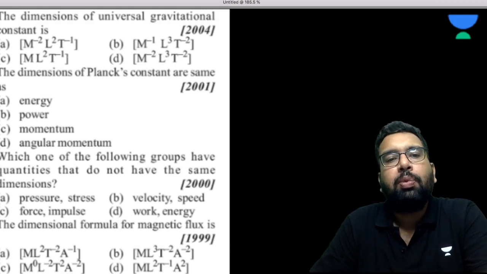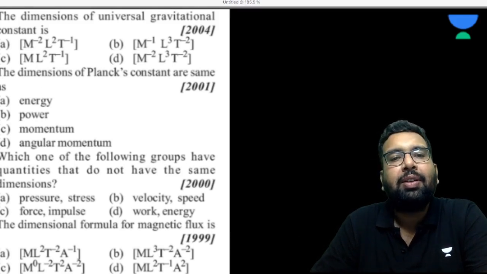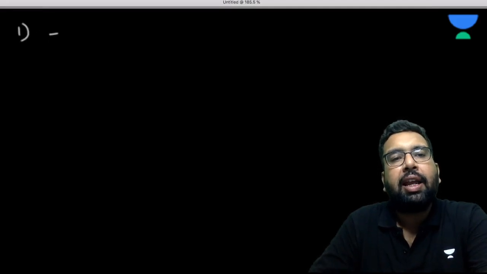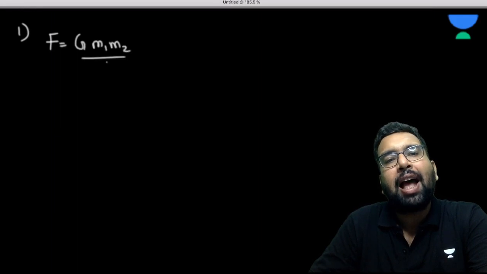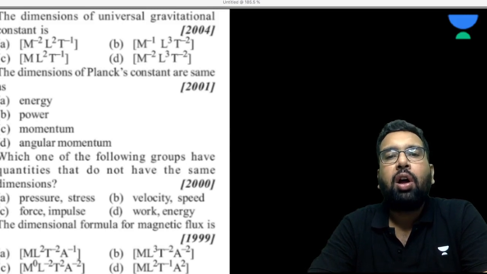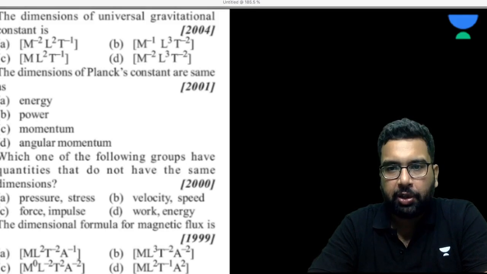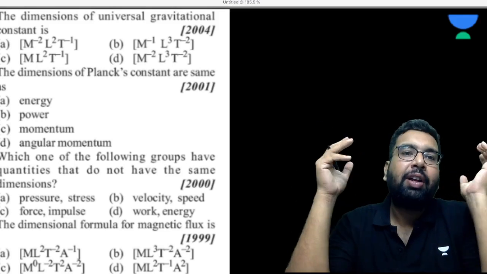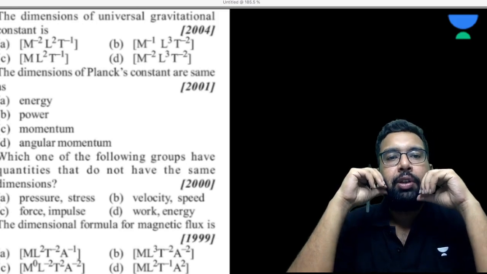So we know that F is equal to G m1 m2 upon R square. If you remember, guys, we have solved this question before during our sessions.